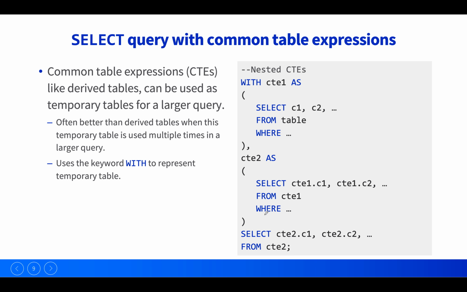And the nifty thing about common table expressions is that you can use a CTE from before and reference it in another CTE later on. So with CTE2, we can do SELECT cte1.c1, cte1.c2 FROM cte1, and that particular CTE1 refers to the common table expression from before. And given this, we can also do SELECT cte2.c1, cte2.c2 FROM cte2 as our main query as well.